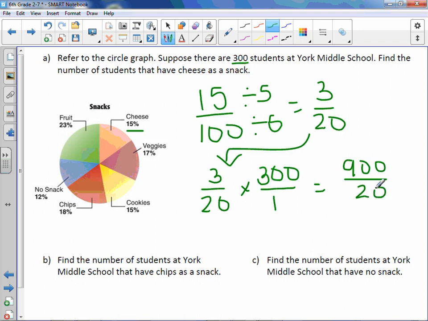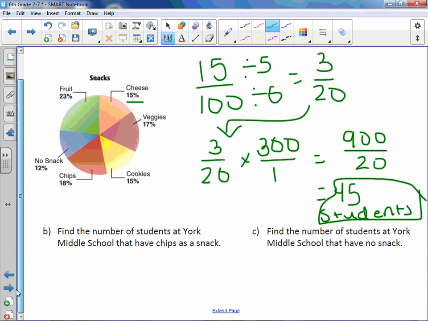Divide those out, and you get 45. So how many students have cheese as a snack? 45 students. So that's one method. Another method we'll look at, B.